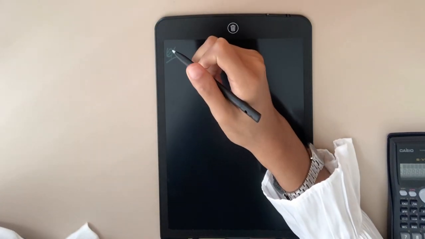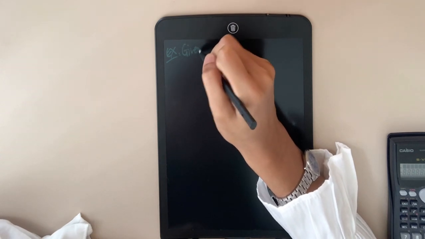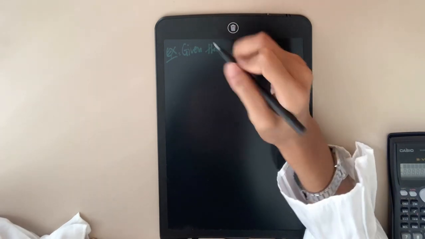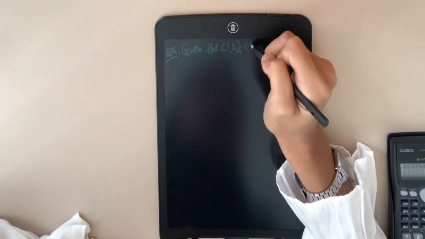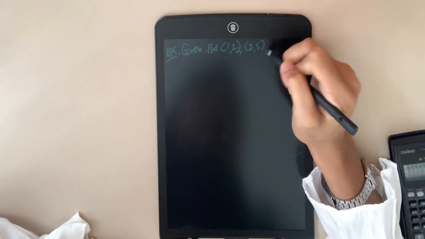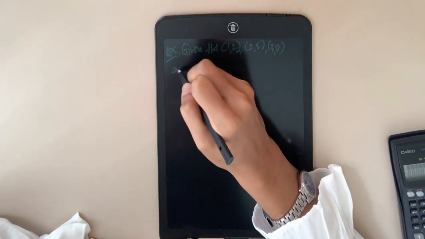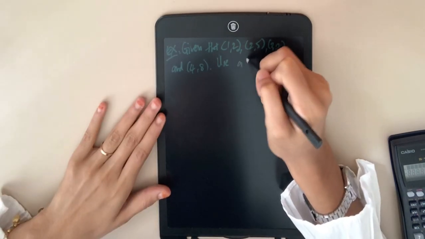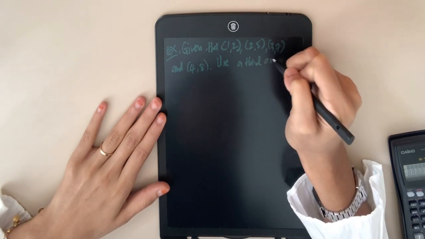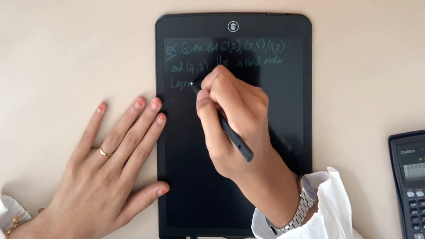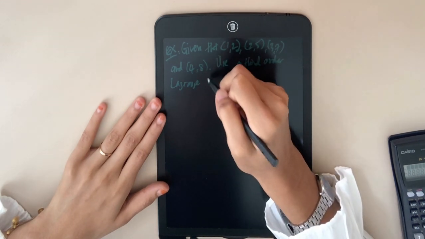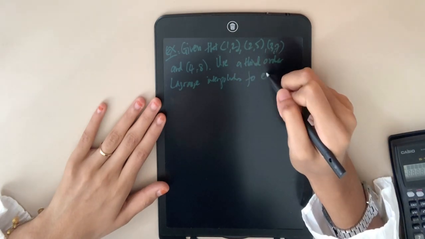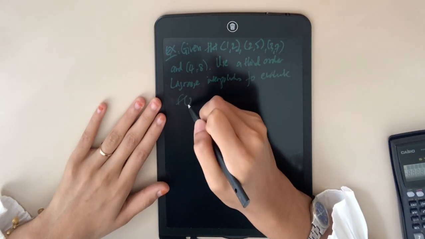Okay, so the last example is cubic. I will show you an example of cubic. It is the same question, only I extend the data. So given that 1, 2, 2, 5, 3, 7, and 4, 8, use a third order Lagrange interpolating polynomial to evaluate F 2.5.